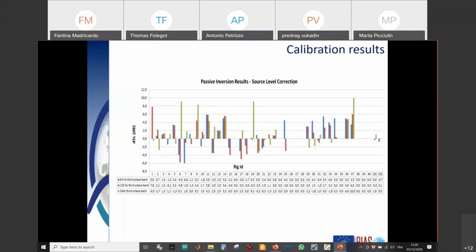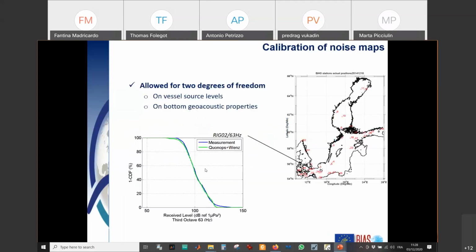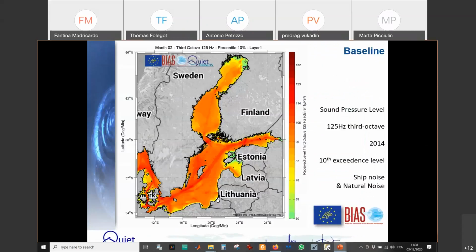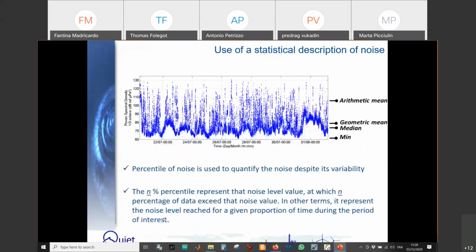We also used the BIAS project to refine that calibration procedure a little bit by detecting the passages of vessels. We use these small, rapid events where the vessel is passing by the hydrophone quite closely, and we use those values to assess the source level of that particular vessel.